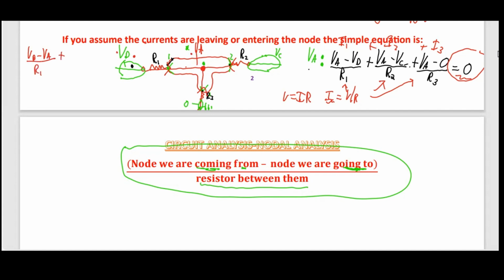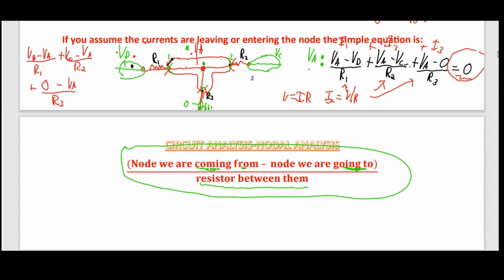Plus, same thing for R2, the node we're coming from, subtract the node we're going to, which will be VE, all over R2. Plus the last one, the node we're coming from, which will be 0, minus the node we're going to, all over R3.